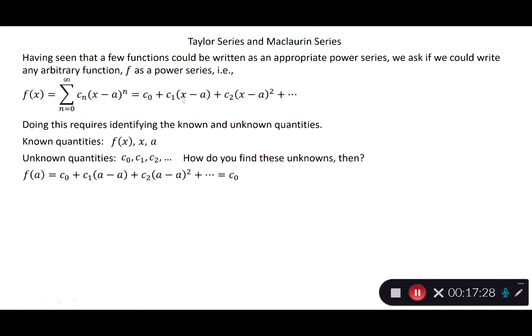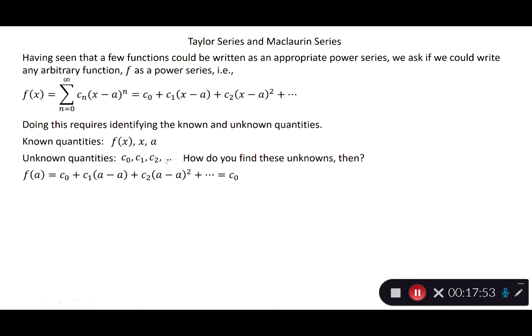And then when we plug in x equals a, notice what happens. Every other term just goes to 0, leaving us with only C sub 0. So this constant C sub 0 is nothing but f of a. You know the function f of x.